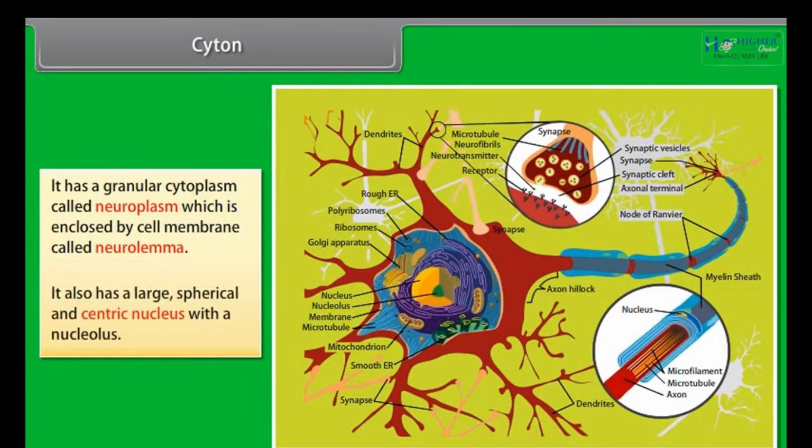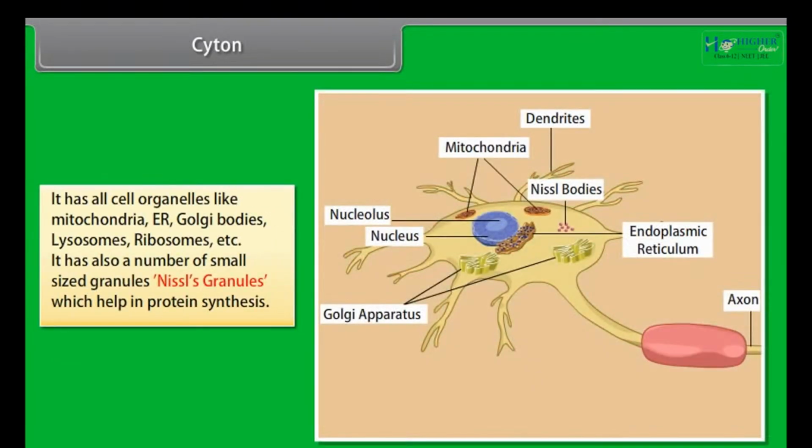It also has a large, spherical and centric nucleus with a nucleolus. It has all cell organelles like mitochondria, ER, Golgi bodies, lysosomes, ribosomes, etc. It also has a number of small-sized granules, Nissl's granules, which help in protein synthesis.